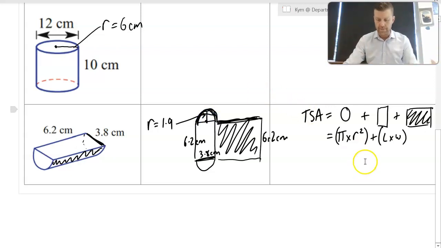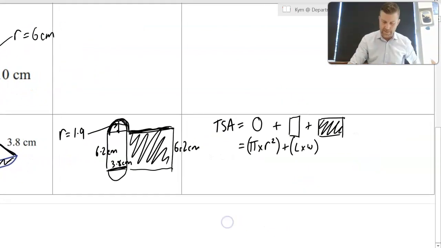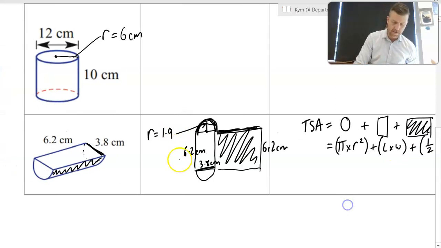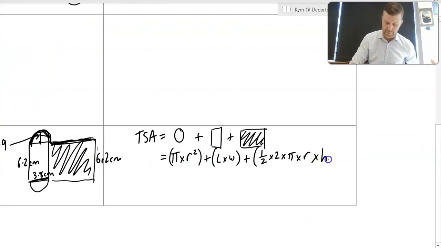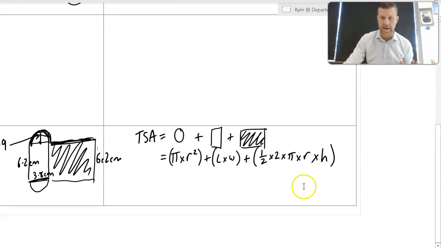So the formula that we would actually use in this case would be half times 2 times pi times radius times the height, which in this case is 6.2. Let's just keep it at that. Obviously, you can simplify this, because half times 2 is 1, so they cancel each other out anyway, but I'm just showing you that for the sake of this. That's where it will come from.